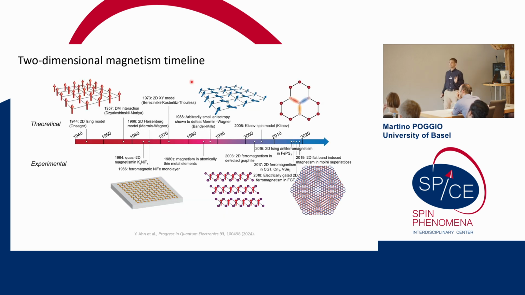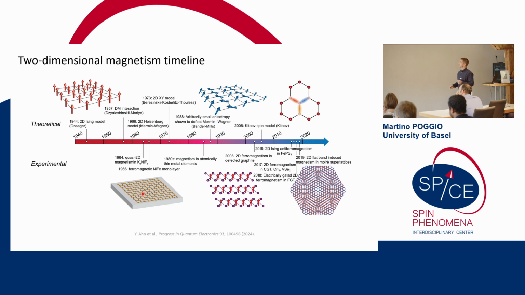People have not been studying 2D magnetism just since we started exfoliating magnetic materials, but this has been going on for decades in the form of thin ferromagnetic films, also in bulk systems which are layered, where the layers don't talk to each other very well magnetically.